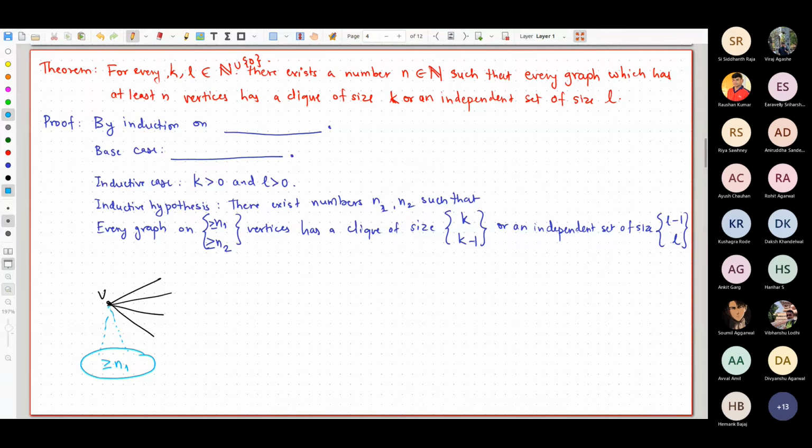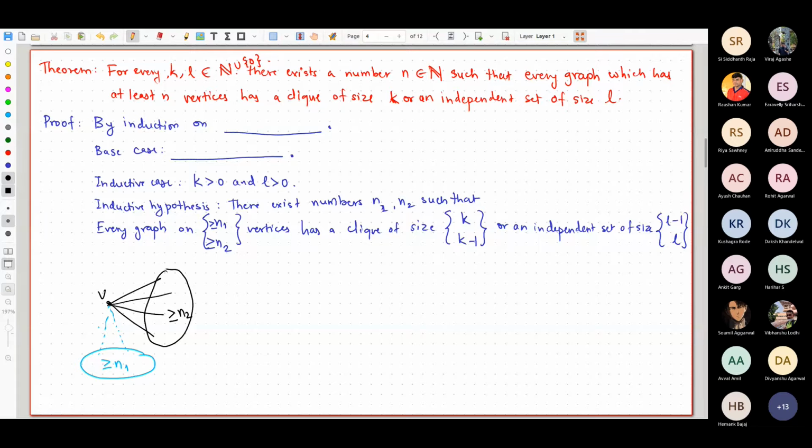This happens if the number of non-neighbors of V is at least n1. Similarly, if the number of neighbors of V is greater than or equal to n2, then what do we know? The graph induced on this set of neighbors either has a clique of size K minus 1 or an independent set of size L by the induction hypothesis.